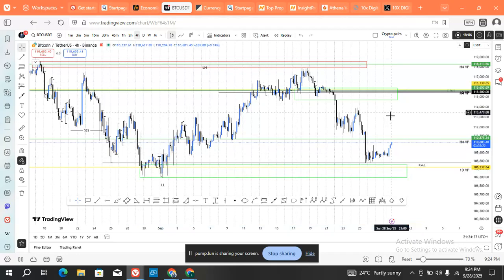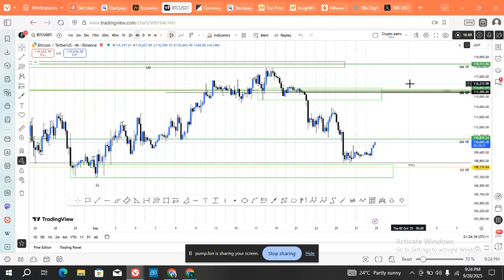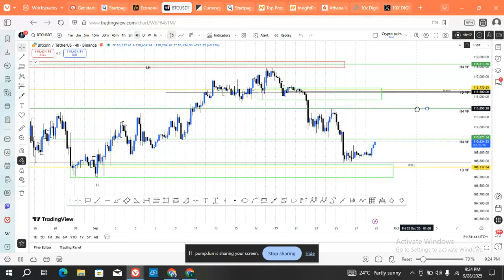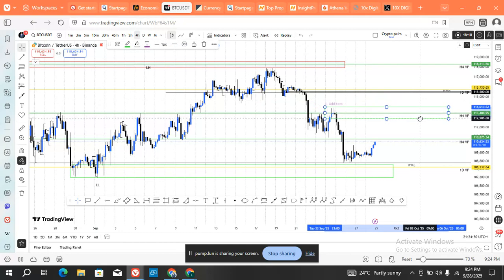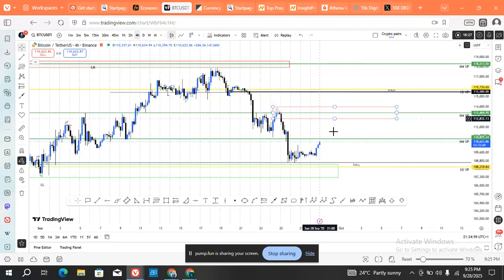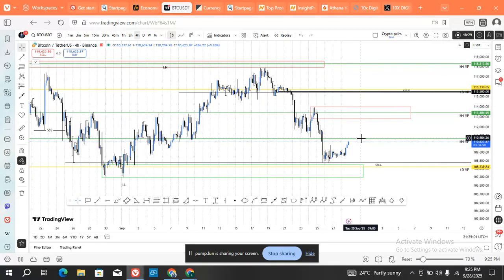So that's my demand. Then for supply, you can drag the supply and update the supply to be over here. This is now the supply zone I see for Bitcoin. So what I see basically for Bitcoin, I need to drag this down.